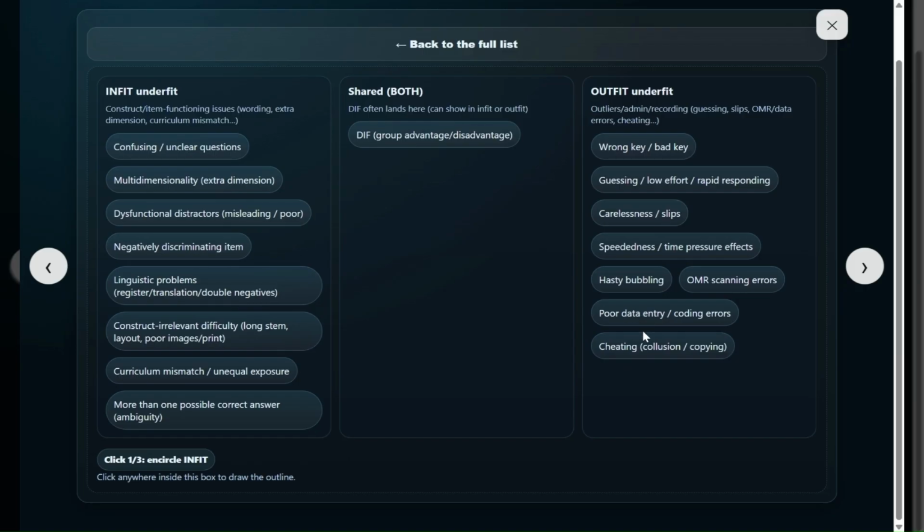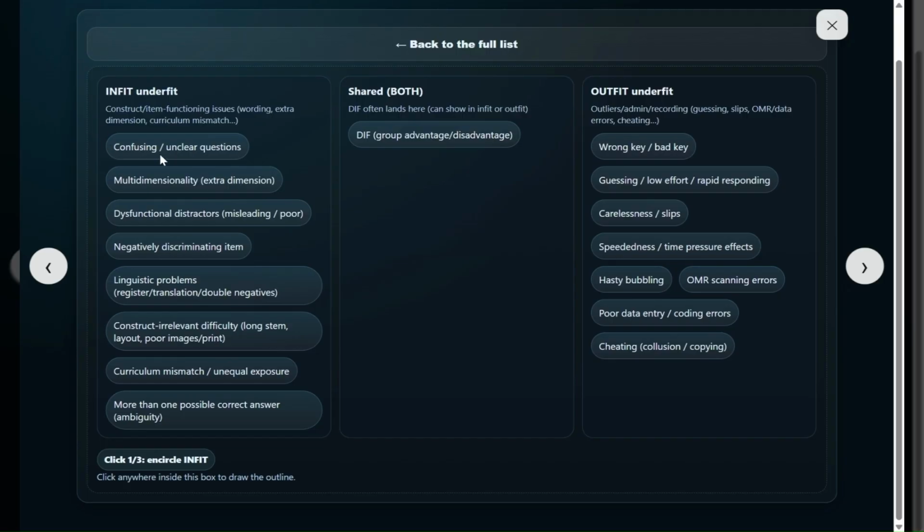And of course, cheating. When you see low students, a lot of them having good marks, this might make you think of collusion and copying. Copying means taking correct responses from another student, right? Now this is the outfit underfit, but the infit underfit is the worst. This means that the question itself is bad.